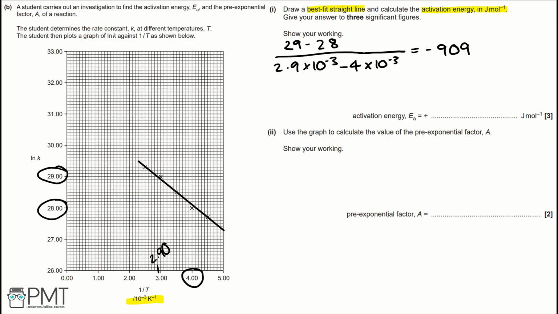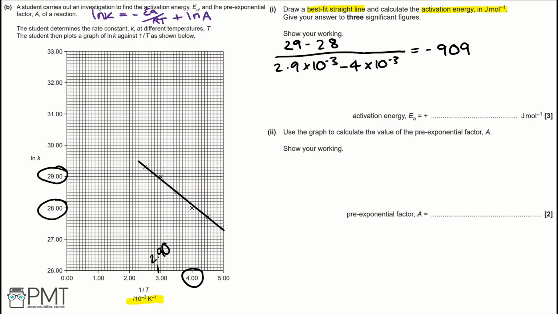The reason we've worked out the gradient is because we're using the equation ln K equals minus EA over RT plus ln A. So by plotting a graph of ln K against 1 over T, we've got a y equals mx plus c graph, or a straight line graph.